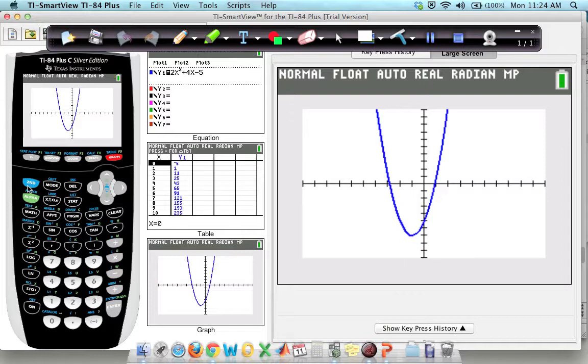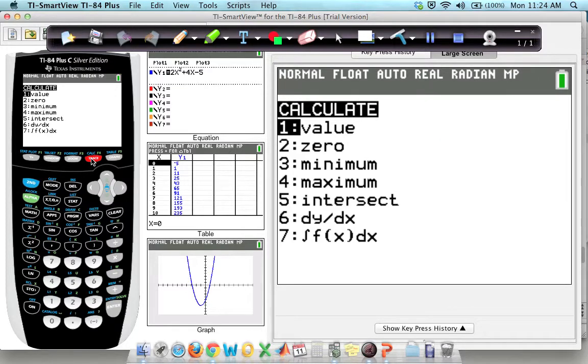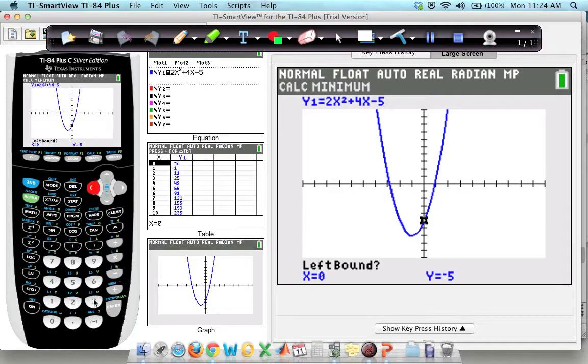So I'm going to hit second calc and number 3 for minimum. Left bound, I'm going to go somewhere to the left of the vertex, hit enter. I'm going to go somewhere to the right of the vertex and hit enter. And it says guess, so I'm going to hit enter. And I get negative 0.99999, which is basically negative 1, negative 7.